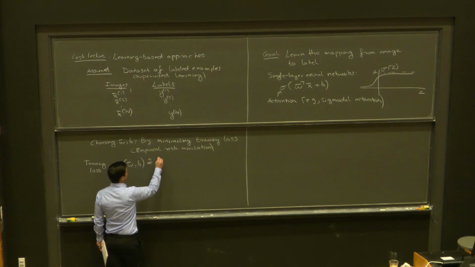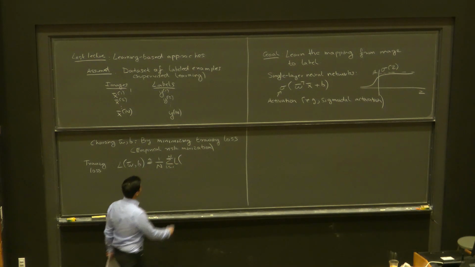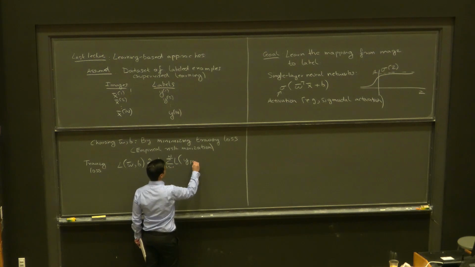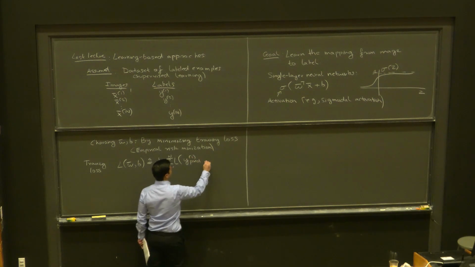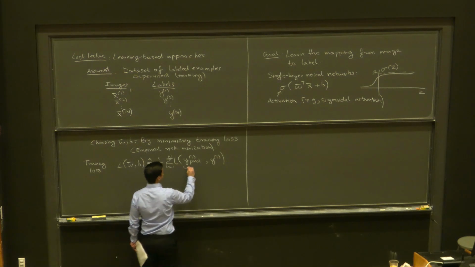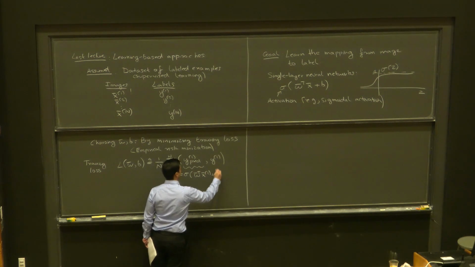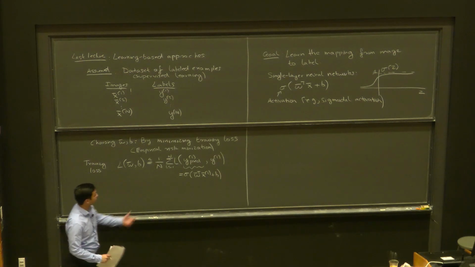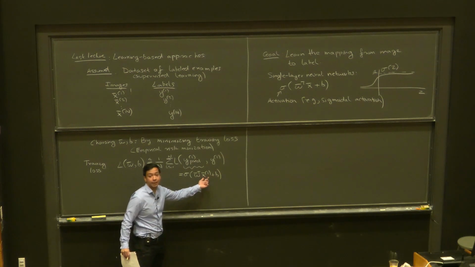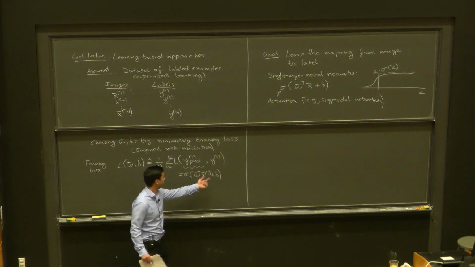We define this as the average over the capital N examples that we have of little l of y predicted and the true label, where y predicted is sigma of W transpose x_i plus b. For every x, every image in our data set, we pass that through our function for a particular choice of W and B.